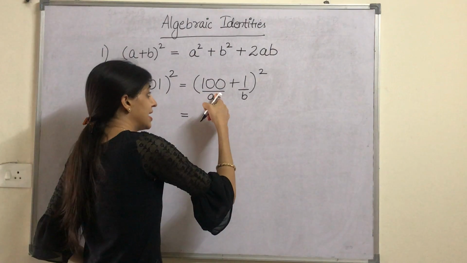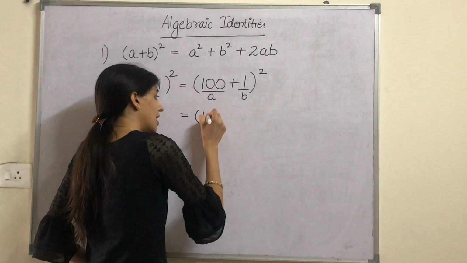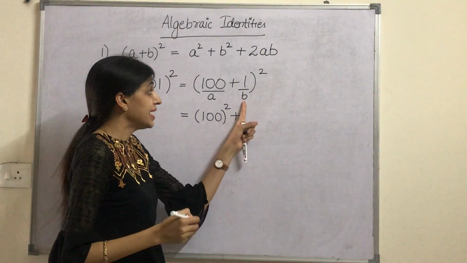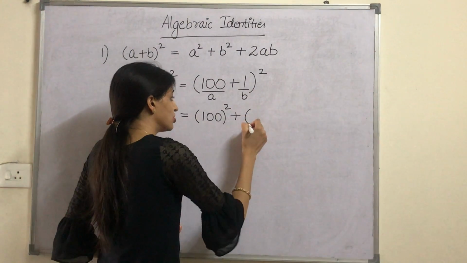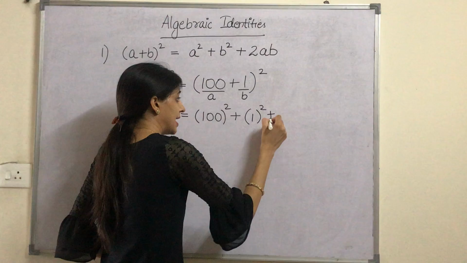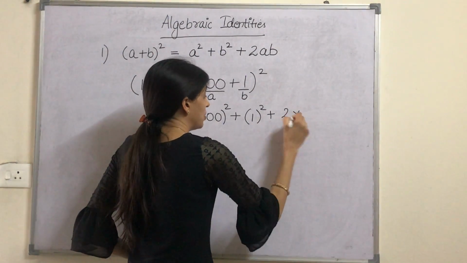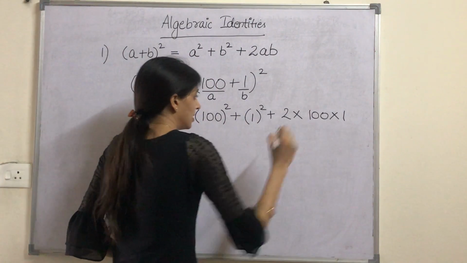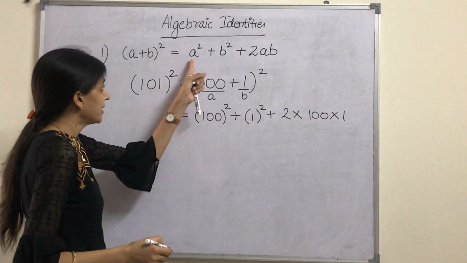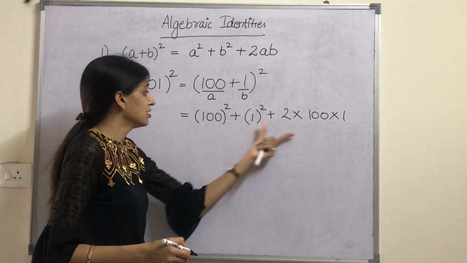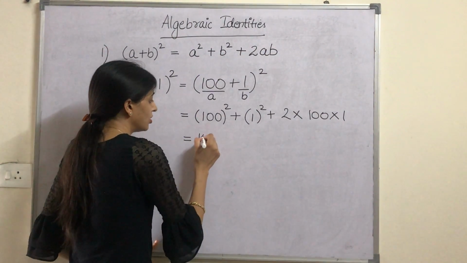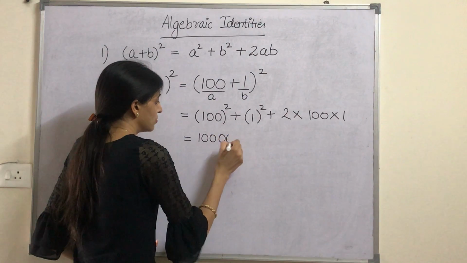First term is A square, that is 100 square, plus B square, that is 1 square, plus 2AB. What is A? 100. What is B? 1. What is 100 square? 100 into 100 is 10,000.